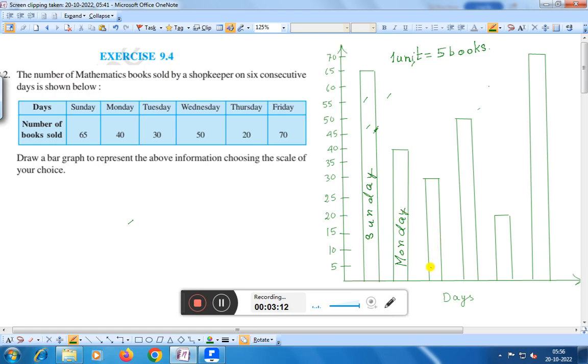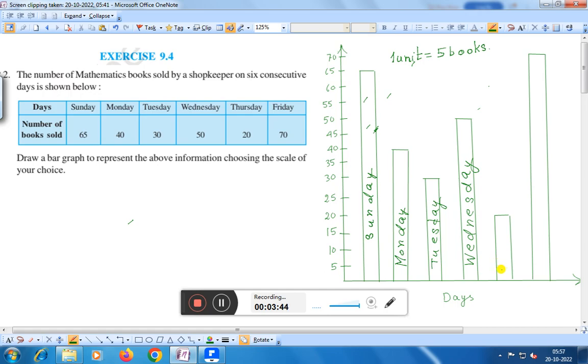Next one is Tuesday: T, U, E, S, D, A, Y, Tuesday. And this is Wednesday: W, E, D, N, E, S, D, A, Y, Wednesday.